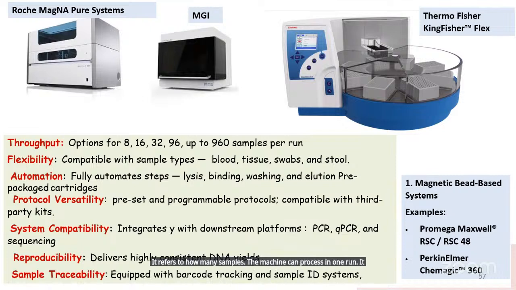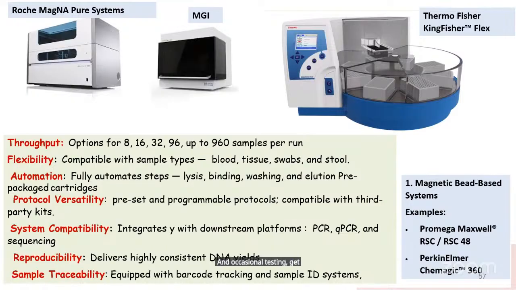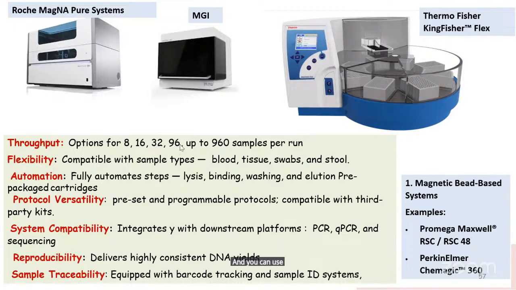It can be 8, 16, 96, etc. Now, it may seem like a larger number is always better. If your lab works on that many samples, then a higher number is okay. But if that is not true and you do occasional testing, get few odd samples, then high throughput systems might not be cost effective, and you can use a low throughput system.